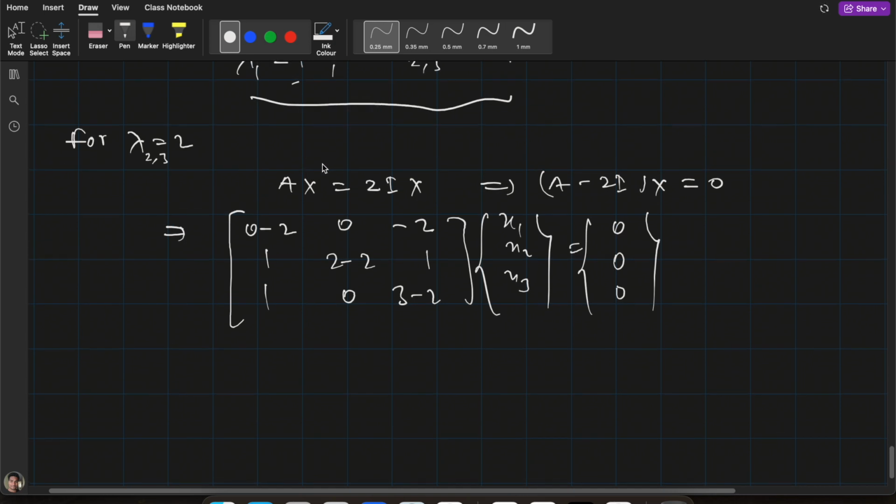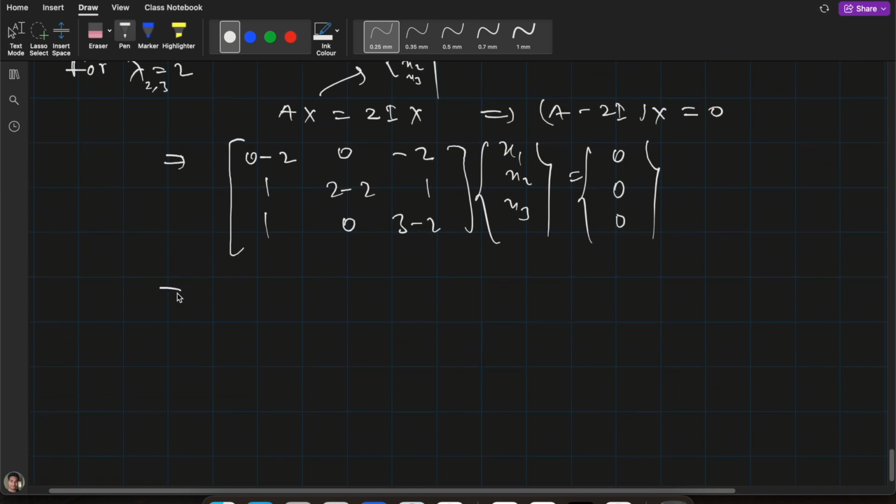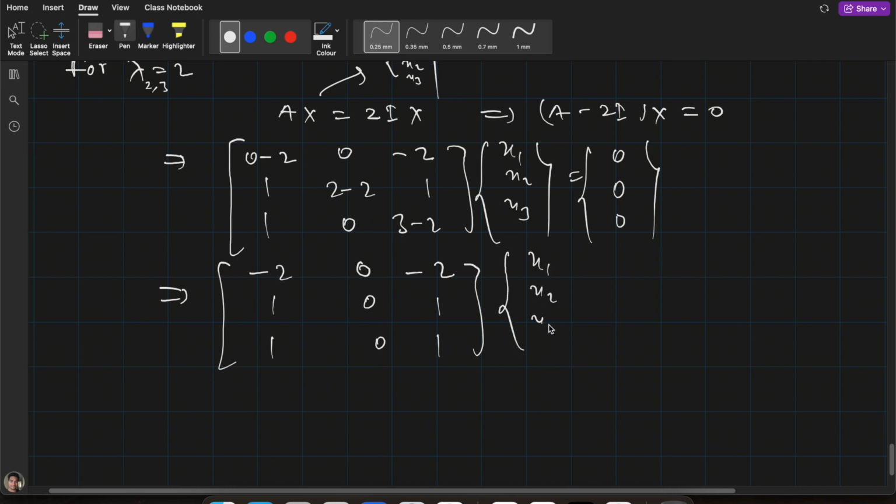Here at the place of x, I have assumed x1, x2 and x3. So the matrix is [-2, 0, -2; 1, 0, 1; 1, 0, 1], times x1, x2, x3 equal to 0, 0, 0.